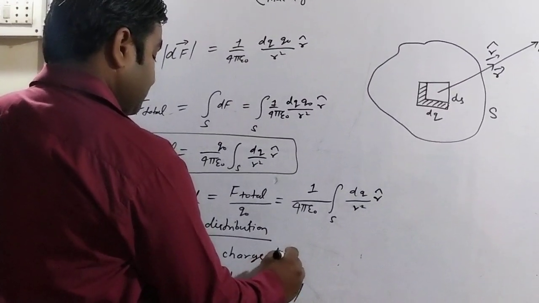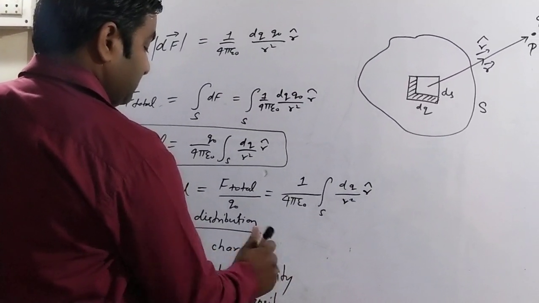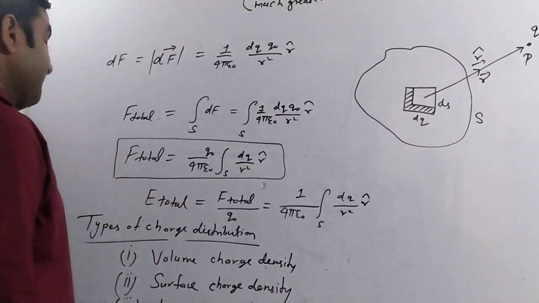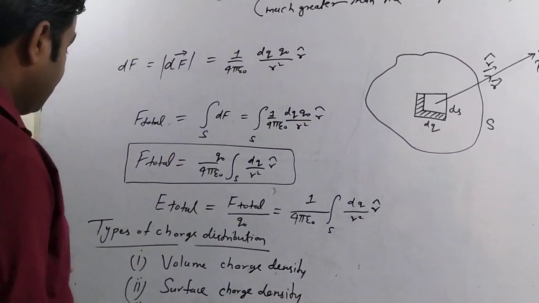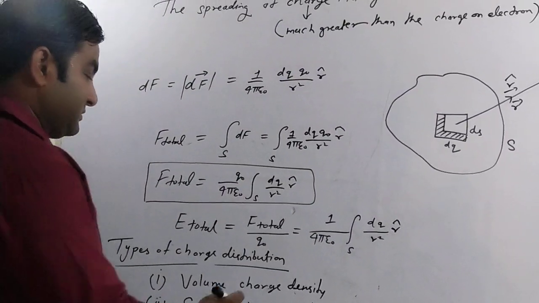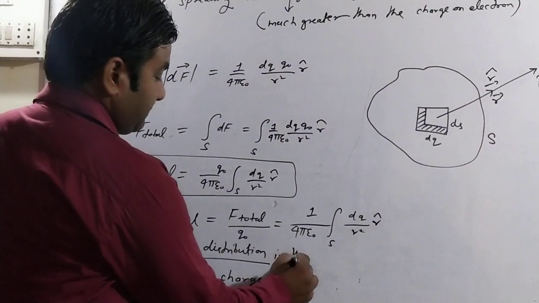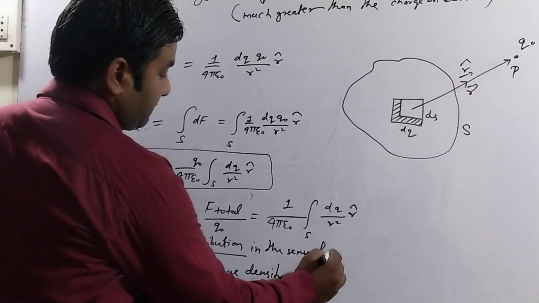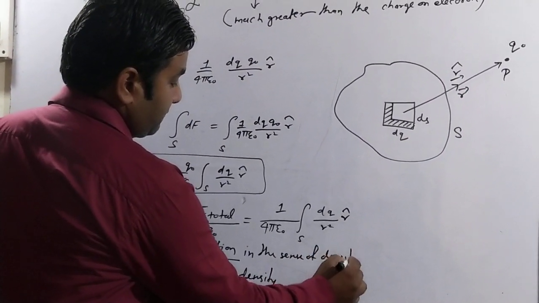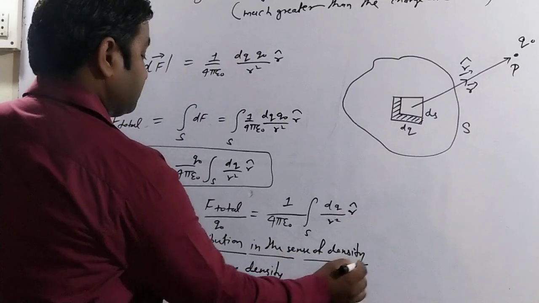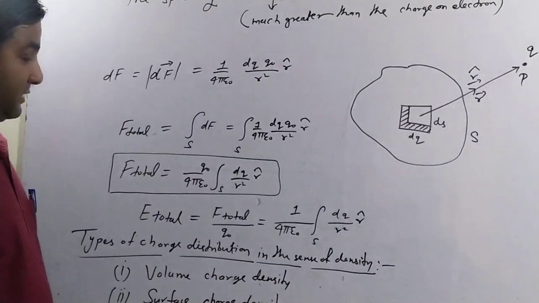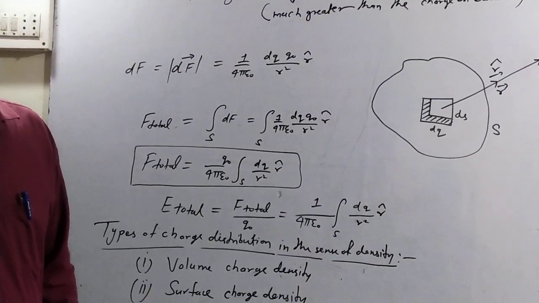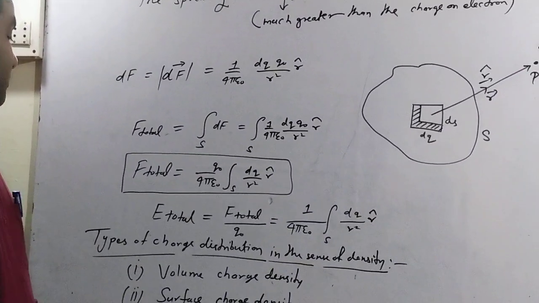Density. Here are the types of charge distribution in the sense of density. Step by step we will discuss all. So first is volume charge density.